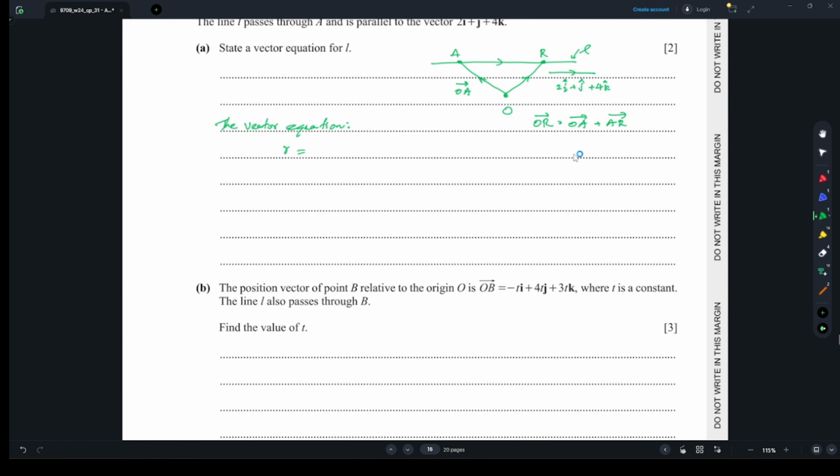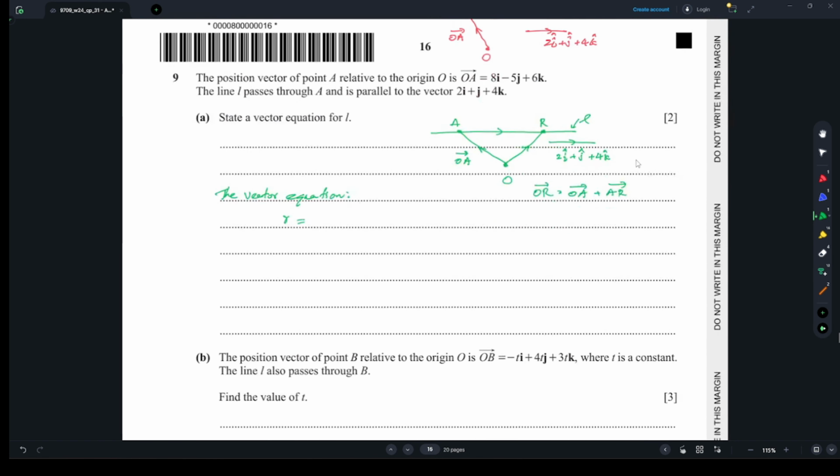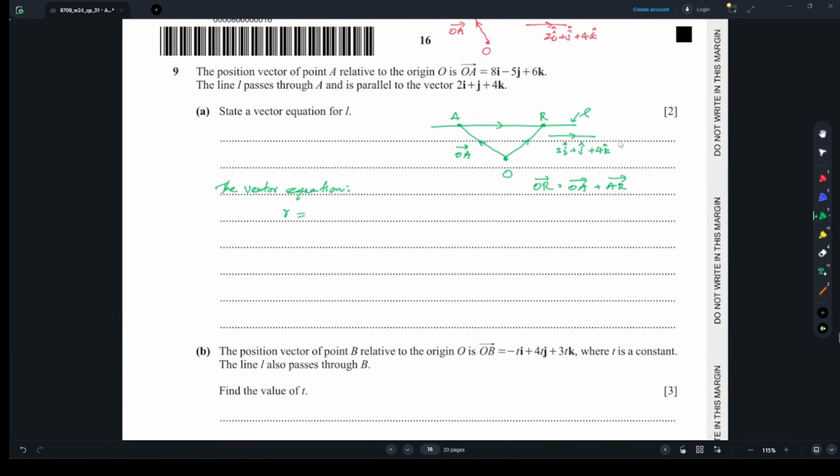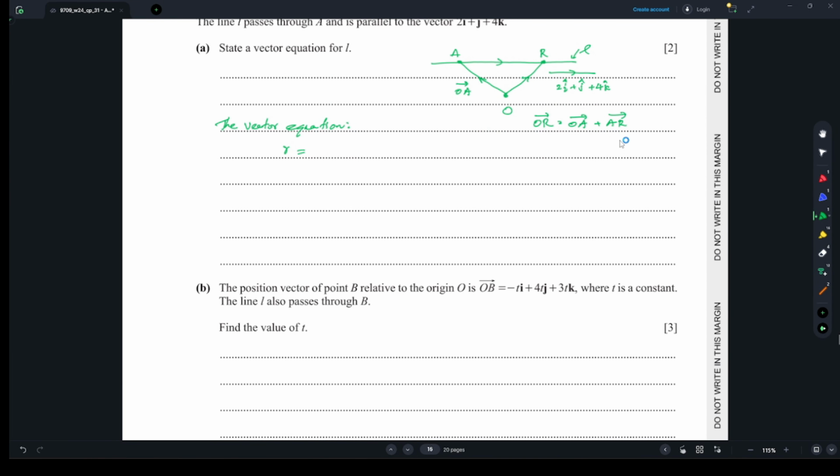R equals to OA. We know that, which is 8i minus 5j plus 6k. So 8i, I have to put a hat here because I can't bold the letters, minus 5j plus 6k, and then AR is the direction vector, which is parallel to this 2i plus j plus 4k.